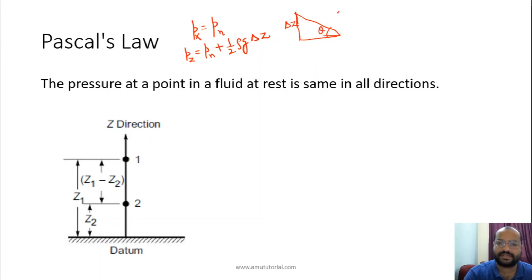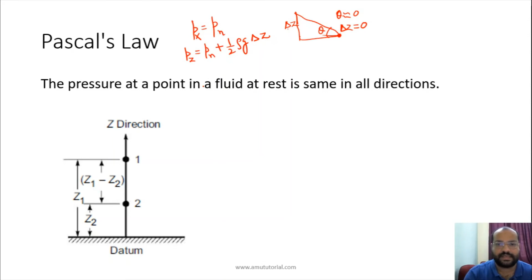If say theta is very small, if say theta is 0, theta 0 means this delta z will become 0, and this wedge will reduce to a point. So what does it mean?